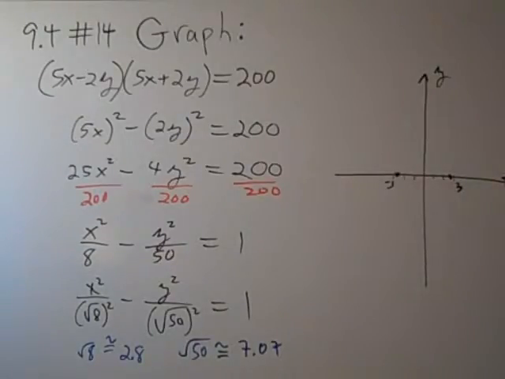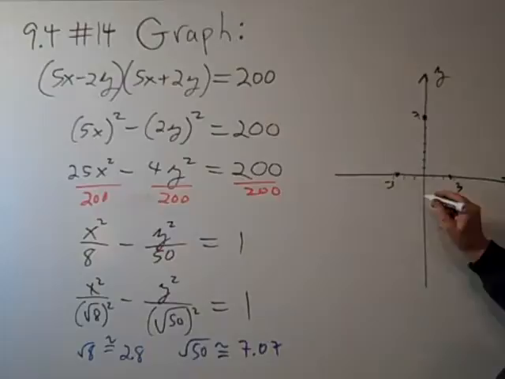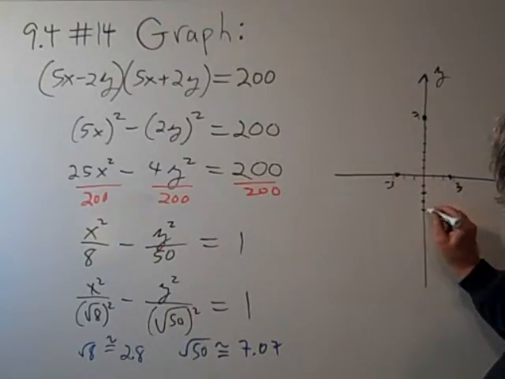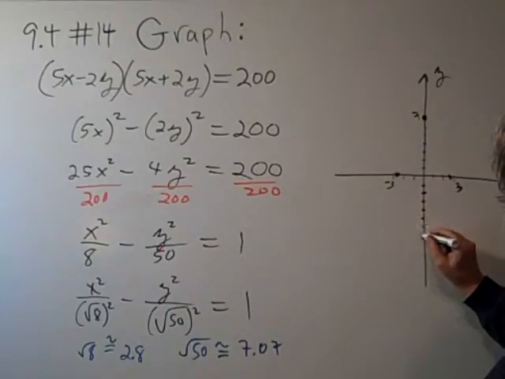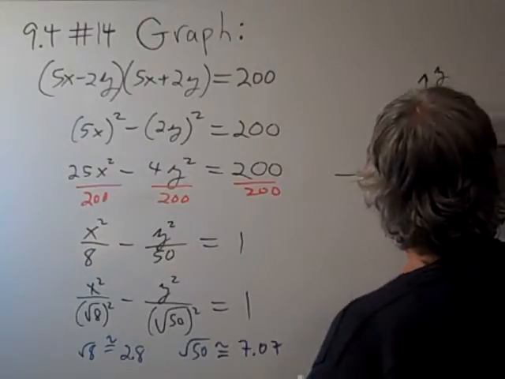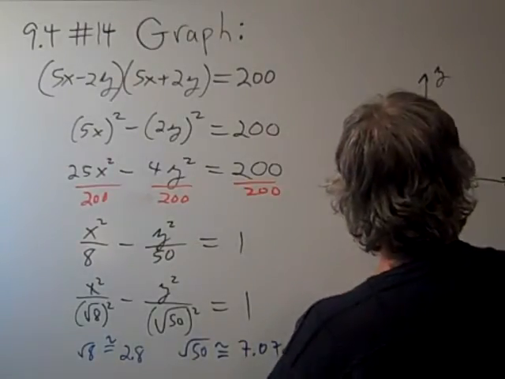Now we have to go up 7 and down 7 about. So 1, 2, 3, 4, 5, 6, 7. We're about there, a little over 7. And 1, 2, 3, 4, 5, 6, negative 7. So that's the extent of the blue box that we need to draw. So actually, let's do it.